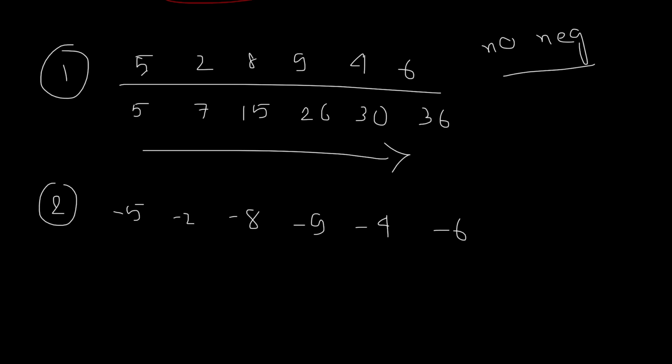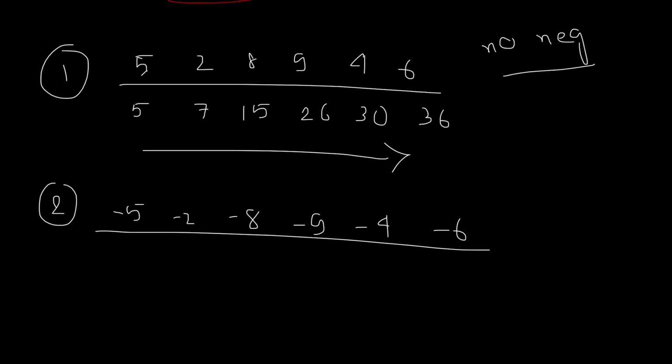So from the previous example, you can think that prefix sum won't work here. What will happen in prefix sum? It will be minus 5, then minus 7, then minus 15. This is a non-increasing array, not a non-decreasing array. So instead, we have to do suffix sum here.